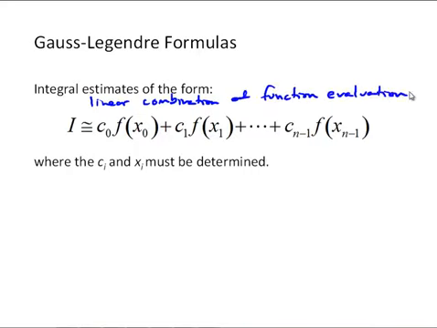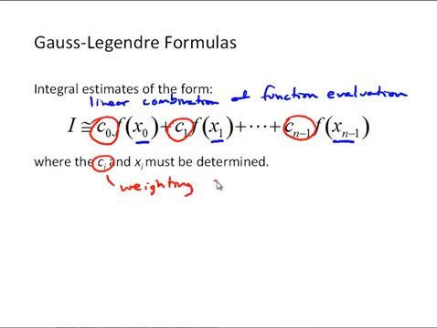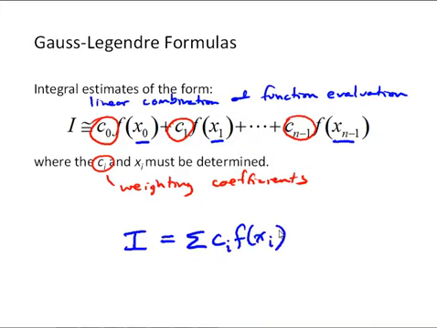Again, we are strategically finding the x points that we're going to take those function evaluations at, and also the c sub i's, and those c sub i's we call the weighting coefficients. We can write this concisely as our integral is equal to a summation of the c sub i's times f of x sub i's.